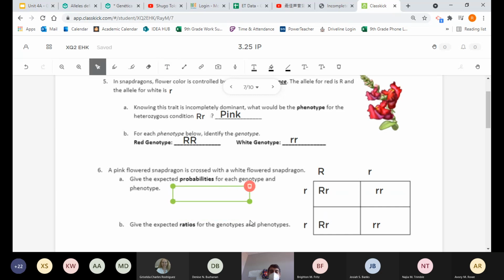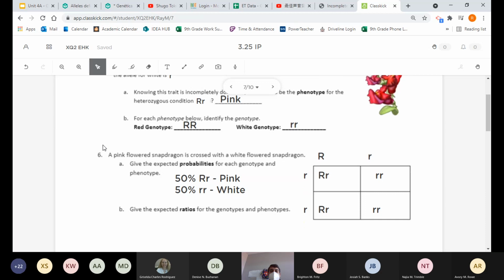So what does that mean? You have 50% big R little r, which are going to be pink. You have 50% little r little r, which is going to be white. Now, if you're giving a ratio, you're just counting stuff.